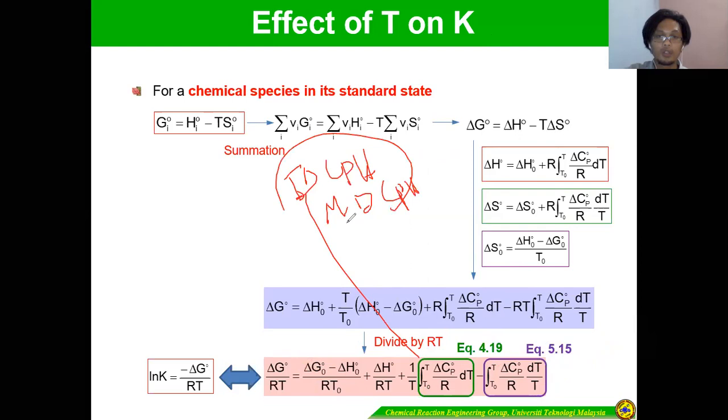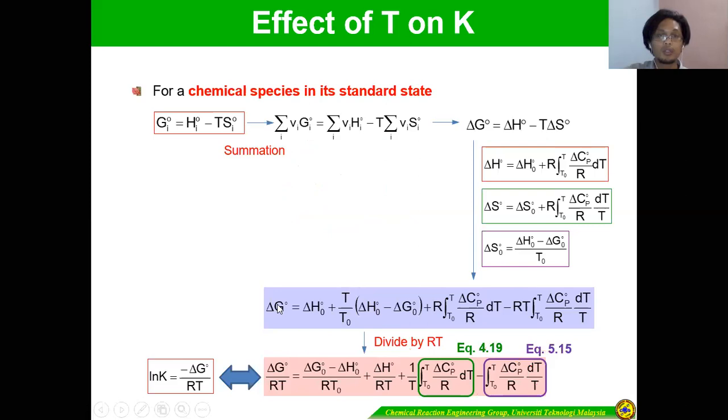This one is for the enthalpy, and this one, CPS, is for entropy. So we have to determine these. When you determine the Gibbs energy, just substitute into the previous equation, so calculate ln K.